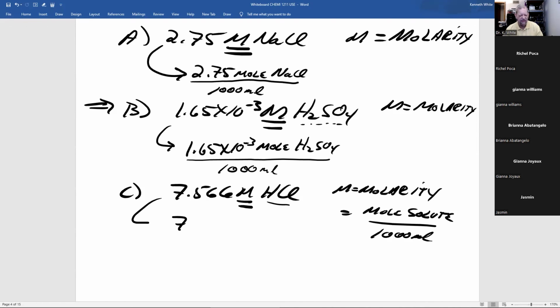That means 7.566 moles of HCl per 1,000 milliliters. That's supposed to be an M. And that's molarity, capital M. Oh no, we're out of time.